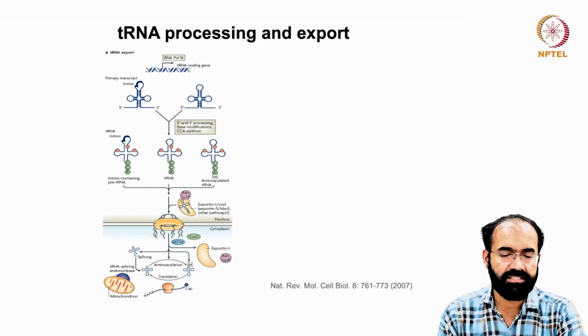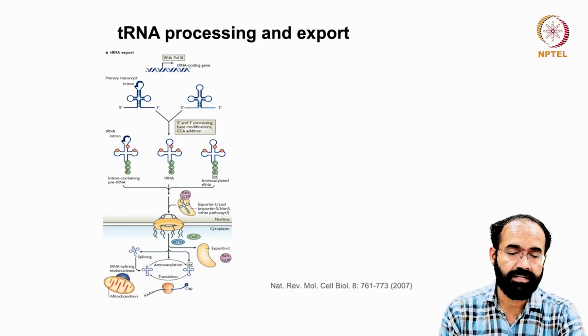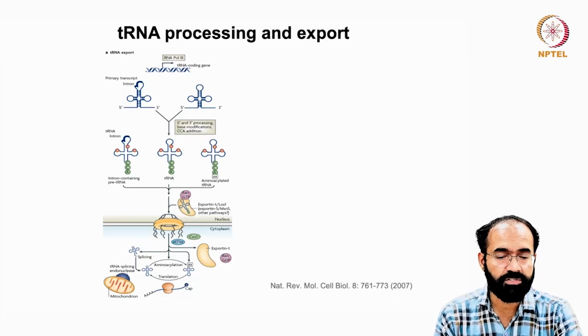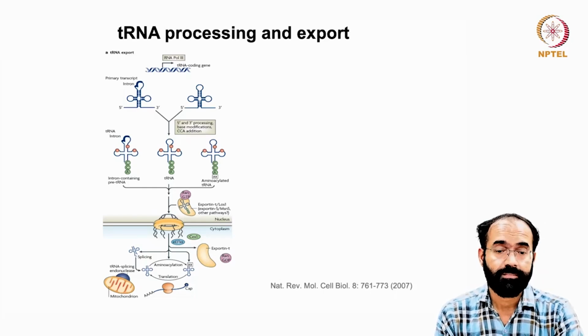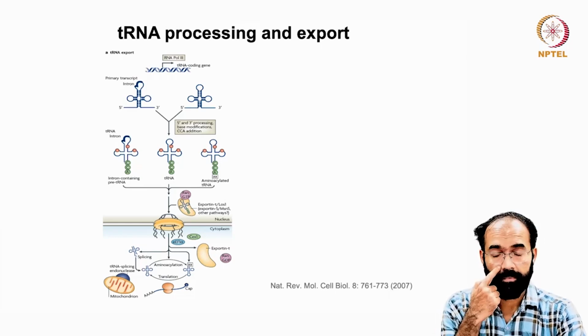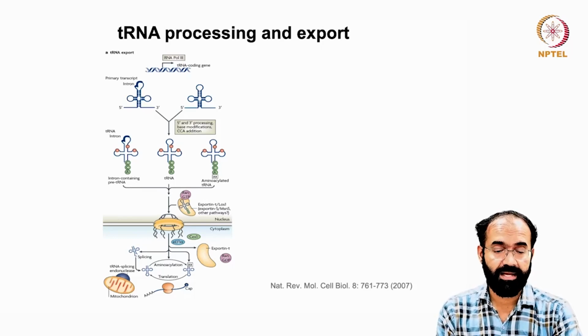Now in the nucleus you can have three species. One is tRNA with intron, that is immature; one has the CCA maturation already, or is properly processed tRNA; and you can also have aminoacylated tRNA. So all these three have to find their way out.